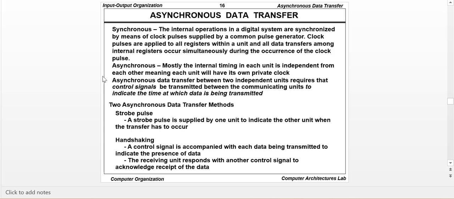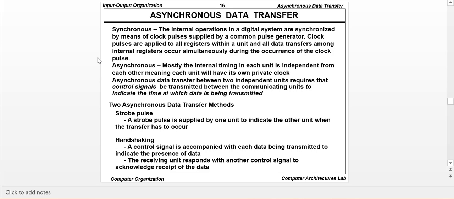You must have seen some circuits. Every circuit has a clock pulse. The data will get transferred only when the clock pulse occurs. Only that is called a synchronous data transfer. So the internal operations in a digital system are synchronized by means of a clock pulse supplied by a common clock pulse generator.